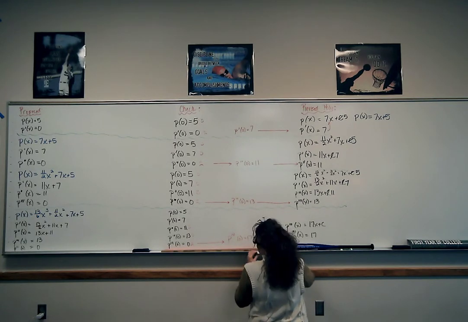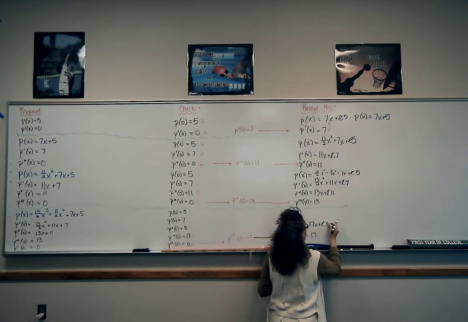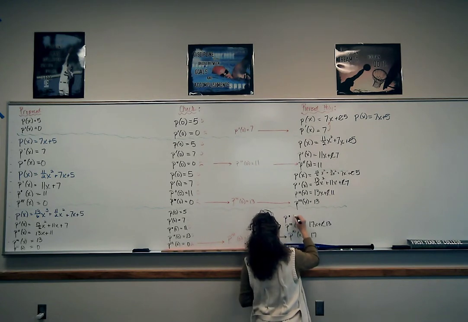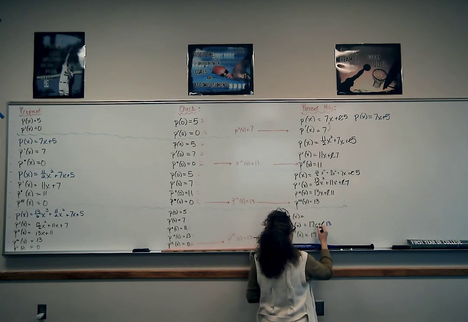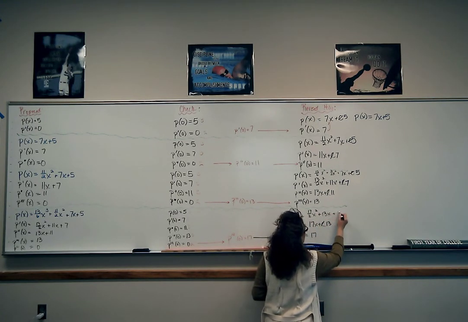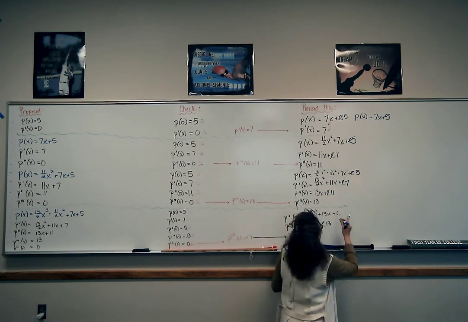I do. P triple prime is supposed to be 13. So this constant is 13. Do an antiderivative on it. P double prime. I'm going to raise it and divide. 17 halves x squared plus 13x plus a constant. What's my constant for P double prime? It's 11.